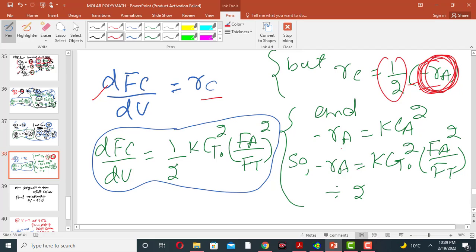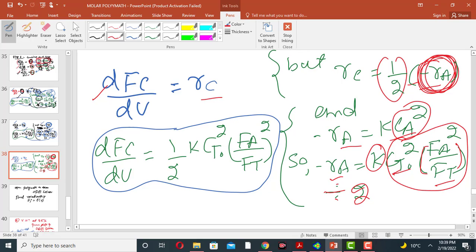So minus RA is equal to kCA squared, which is equal to k into Ct0 squared into FA divided by FT whole squared. So divide it by 2, because this 2 is given. It will be equal to 1 divided by 2 into this k into this one. So we have written dFC divided by dV in terms of flow rate.